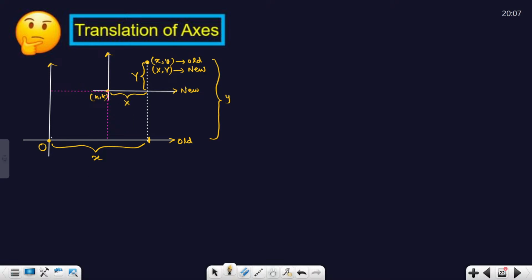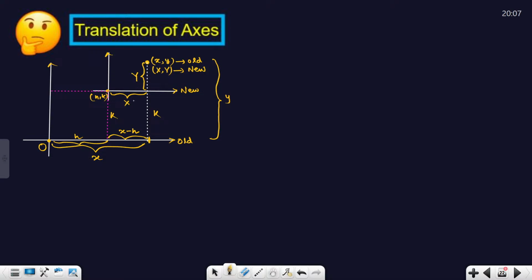This length is how much? This is my h and this is my k. If this is k, this is also k, right? Now, if this is h, then what about this length?